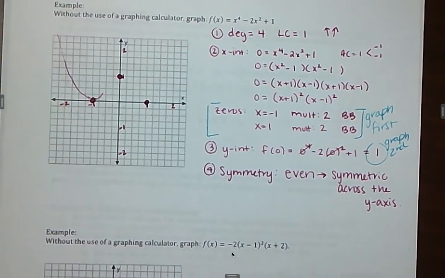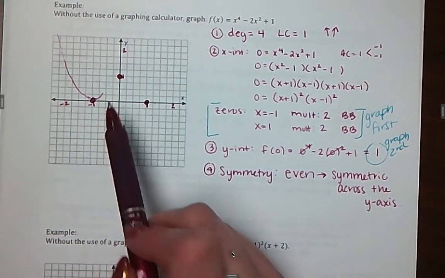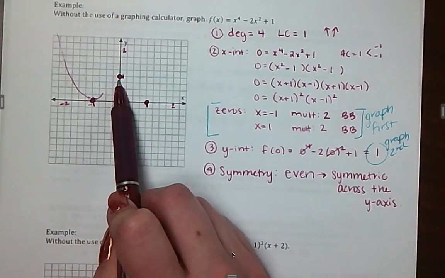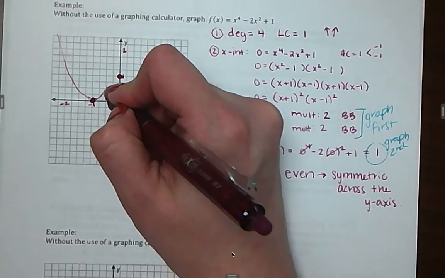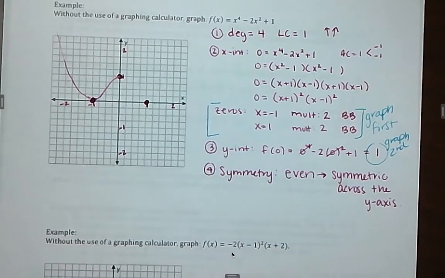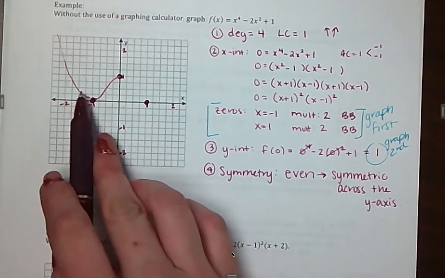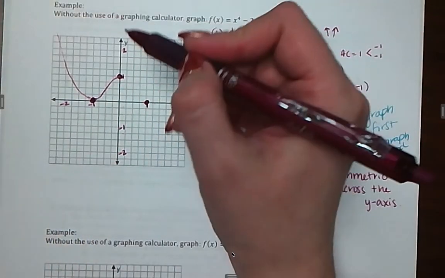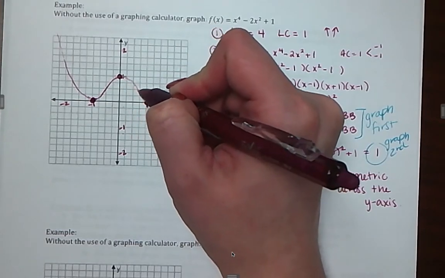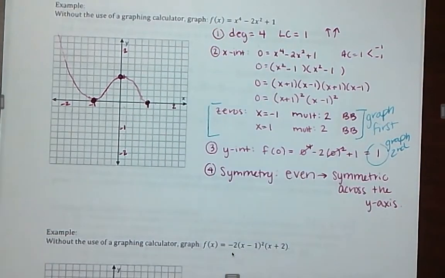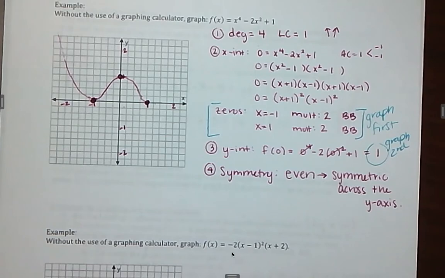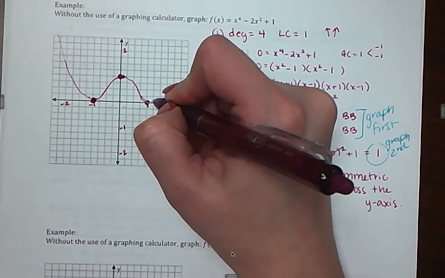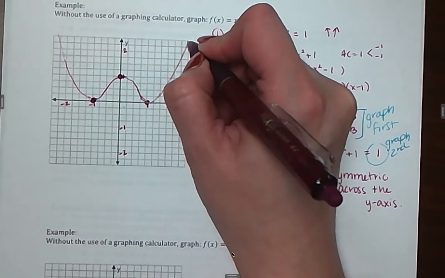We don't know how high we need to go, but we know we need to go through that y-intercept. And then we need to come back down to this x-intercept. When we get to this x-intercept, do we cross through it or do we bounce back? Bounce back.